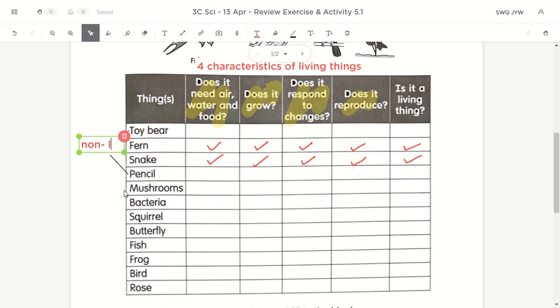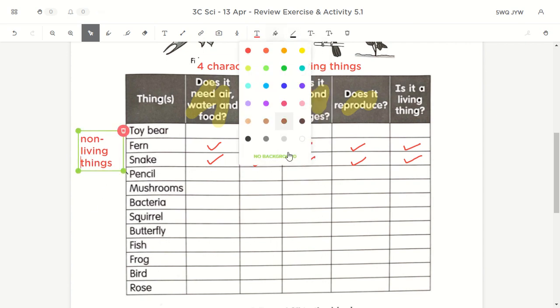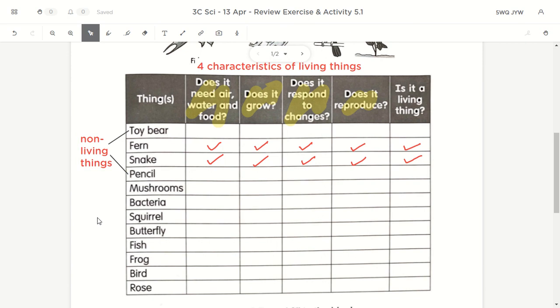Non-living things. These are the only two that are non-living things, the rest are living things.